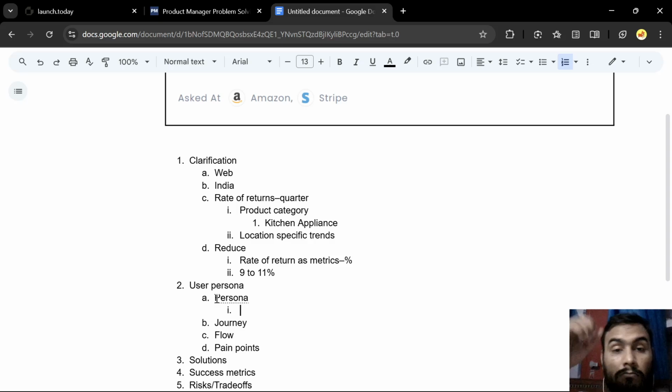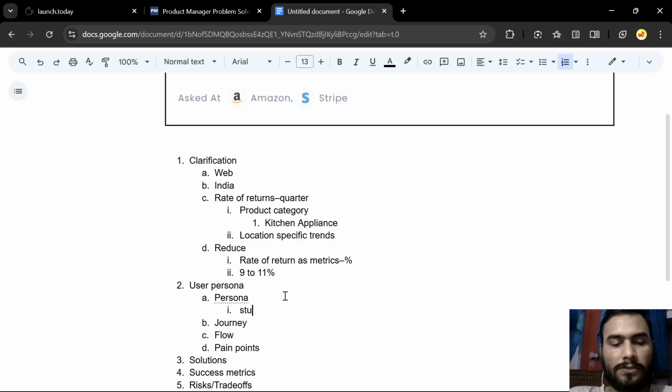Now the specifics that we have decided: kitchen appliances are being returned for a quarter. In the previous quarter we find that there has been a lot of return for this product category. So if I think about the different user personas, the users who are buying the product, I can think about that.